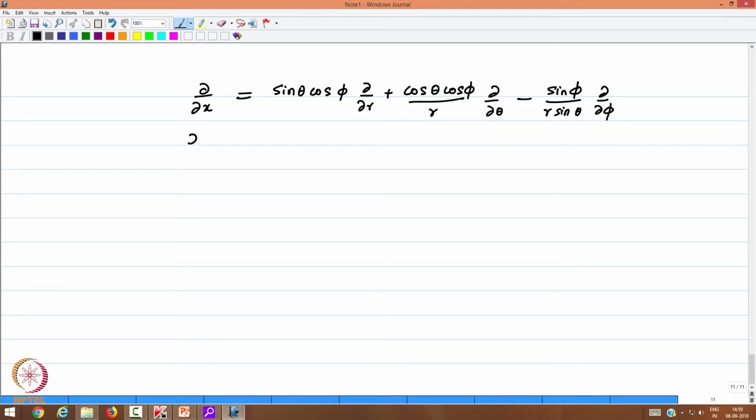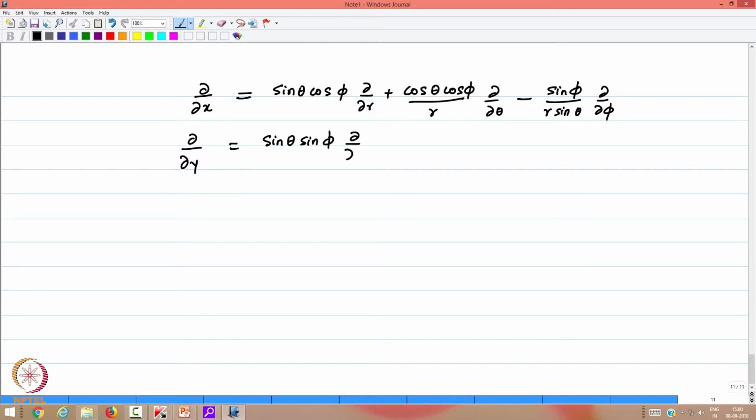And likewise for the operator dou by dou y, it is sin theta sin phi dou by dou r plus cos theta sin phi by r dou by dou theta plus cos phi by r sin theta dou by dou phi.